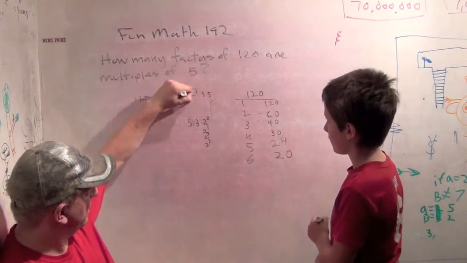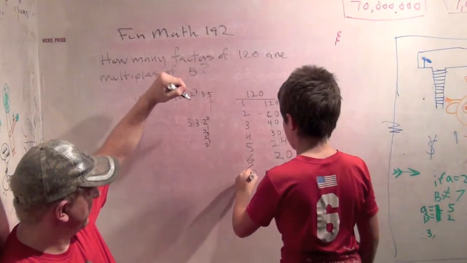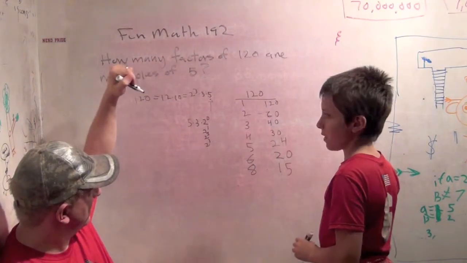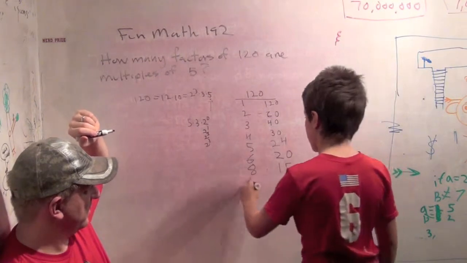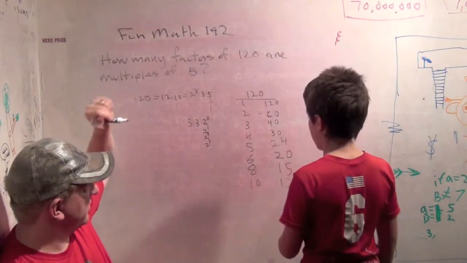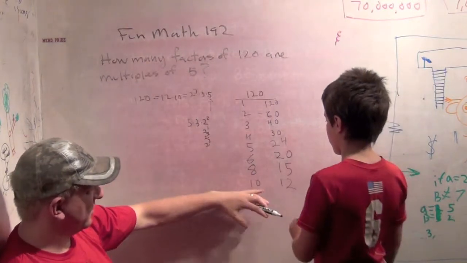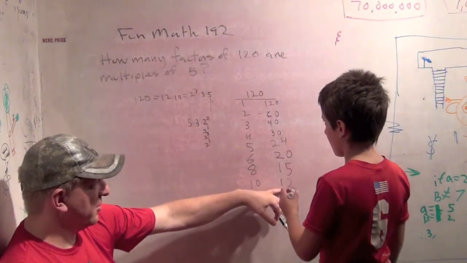No. 8? Yes, 8 times 15. Does 9 go into 120? No. Does 10 go into 120? Yes, 10 times 12. Does 11 go into 120? No. Okay, and now we have them all, because once you get back to a number you already had, you're done.